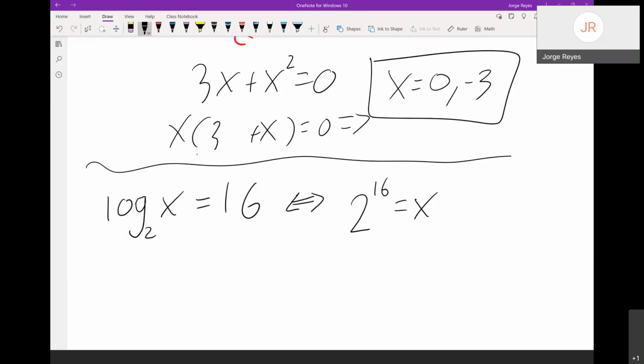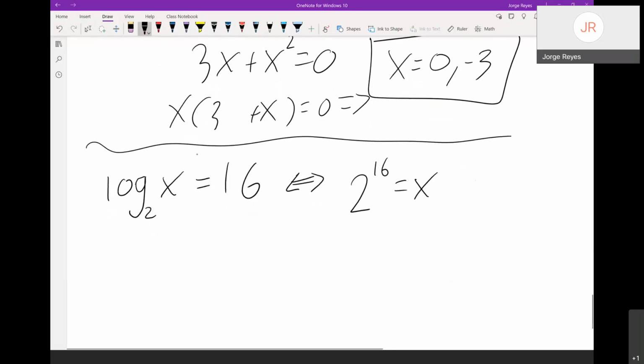All right. But you should check, like here it's obvious, but check that 2 to the 16 is positive or in the domain. Here 2 to the 16 definitely is, because it's a really, really big number, like 5, 6 digits big.